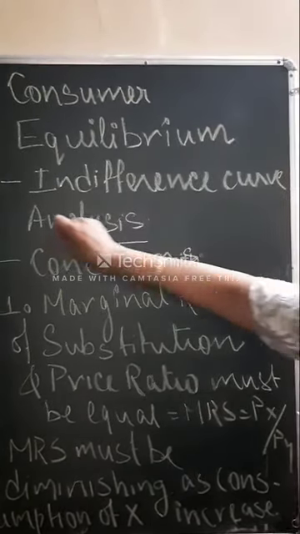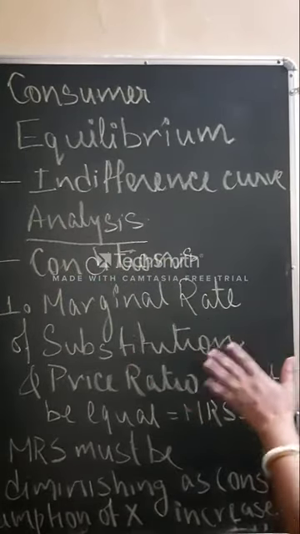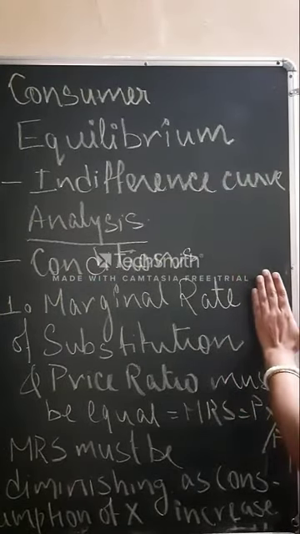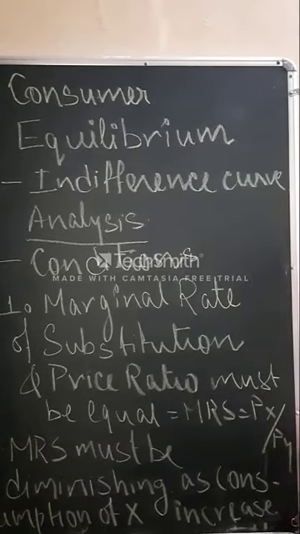Let us start. Before understanding, let us discuss the conditions of consumer equilibrium in case of the indifference curve approach. The conditions are here: the marginal rate of substitution should be equal to the price ratio, that is Px by Py.